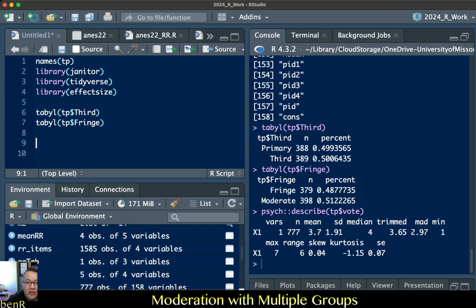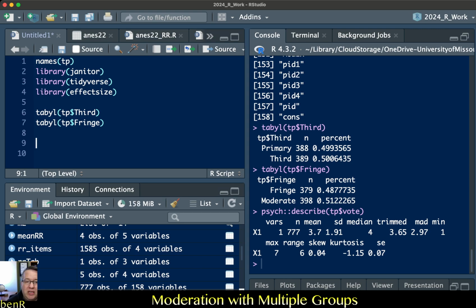So the three questions that we want to ask with this Factorial ANOVA are, was the third-party challenger more or less likely to get voting support compared to the same-party challenger in a primary? That would be the first question.